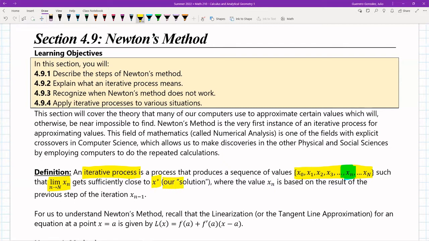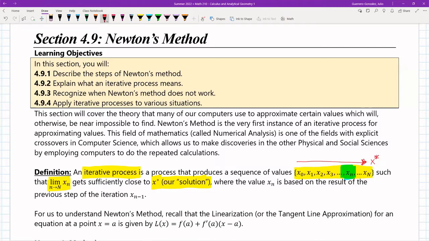And we're going to call that our solution, okay? So as we go that way in the list, this is approaching some x star that is our solution, okay?